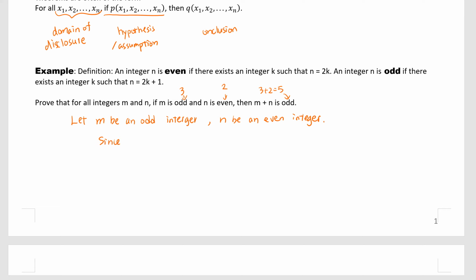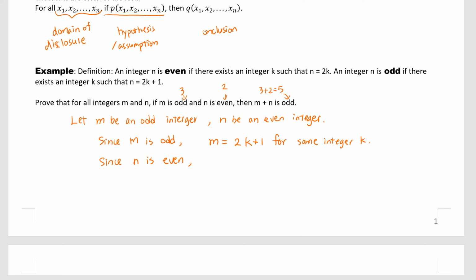Since m is odd, by the definition of odd, we know m equals 2k plus 1 for some integer k.